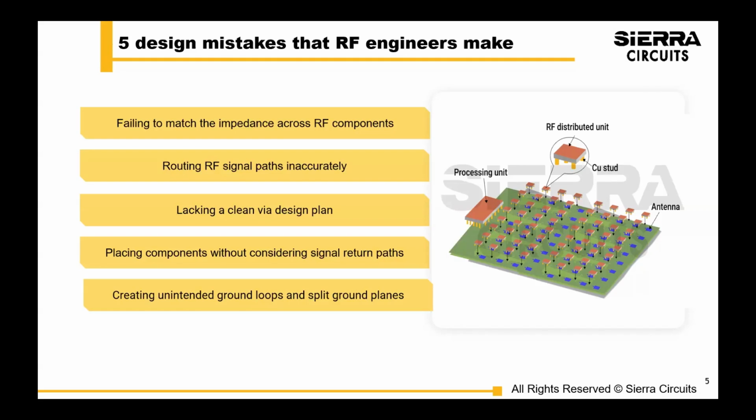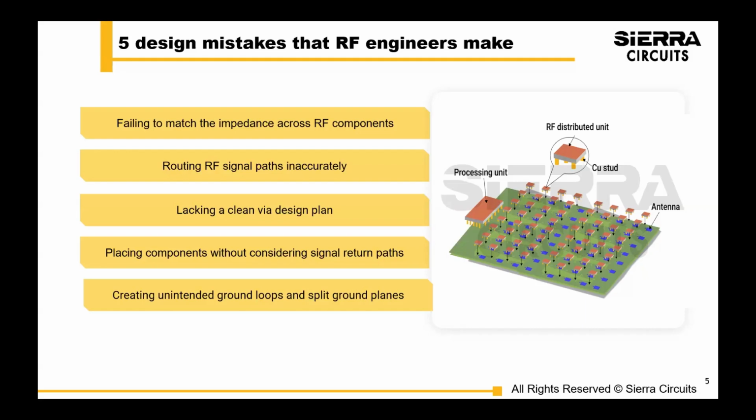The other kind of issue is, when you route your RF signal paths, avoid the sharp bends and unnecessary vias that are in the way. Inconsistent trace widths can all lead to signal distortions. Via design is a key thing.